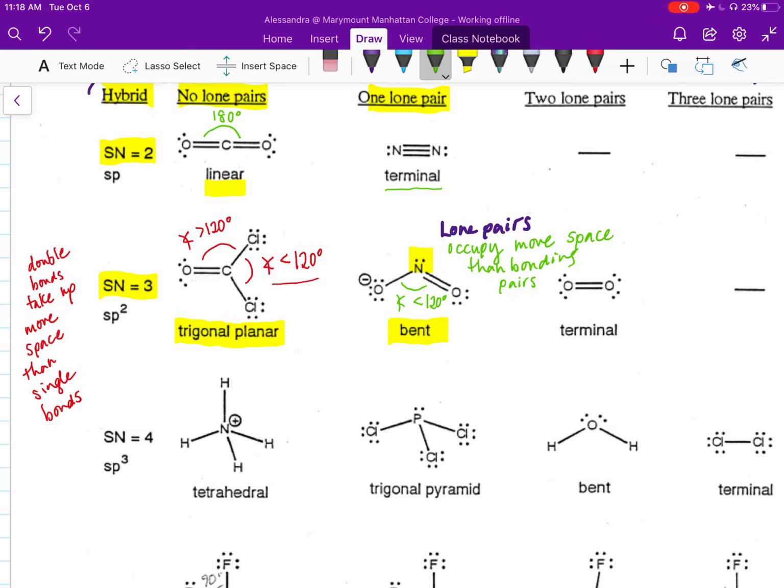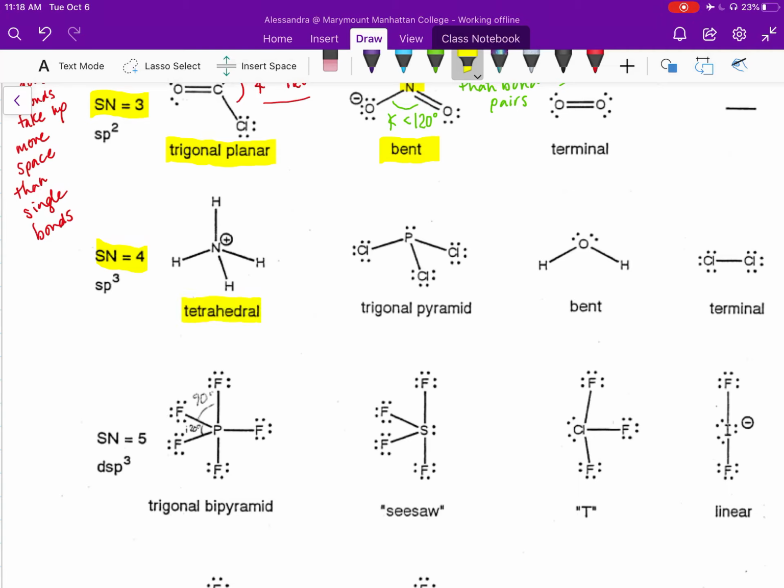All right, so what happens when we have a substituent number of 4? For a substituent number of 4, if we have no lone pairs on the central atom, we get what's called tetrahedral geometry. Now our molecule is no longer flat.